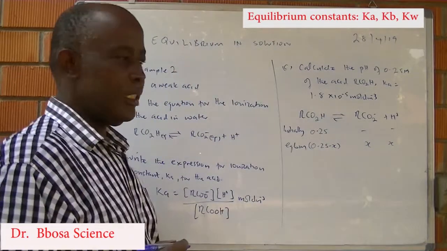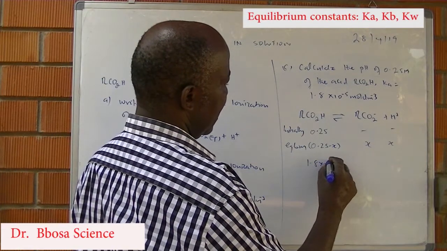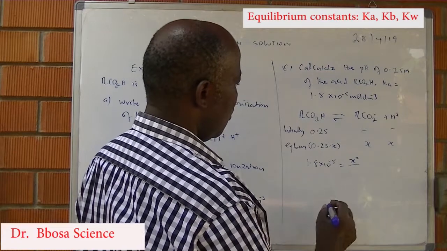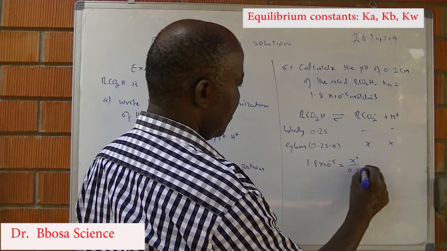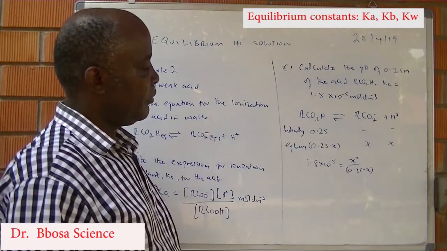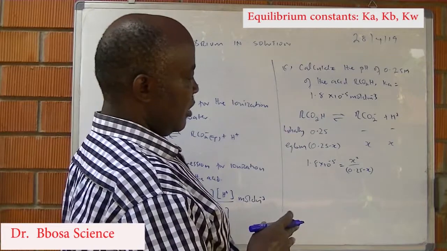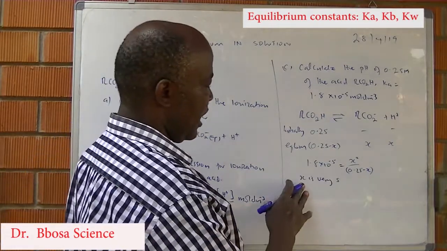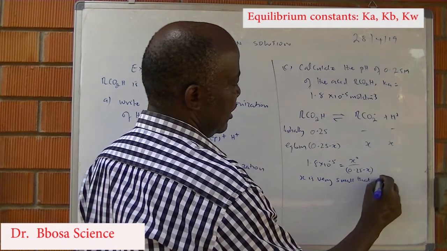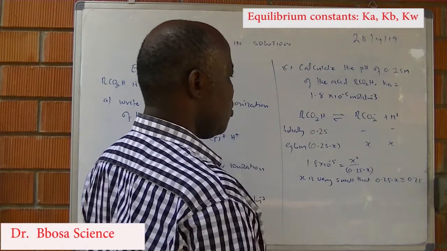Applying Ka, we can say that 1.8 times 10 to the power negative 5 will be equal to X squared over 0.25 minus X. We can use quadratic equation method to get the value of X, but we can also avoid the quadratic equation by assuming that X is very small, that 0.25 minus X is approximately equal to 0.25 moles.